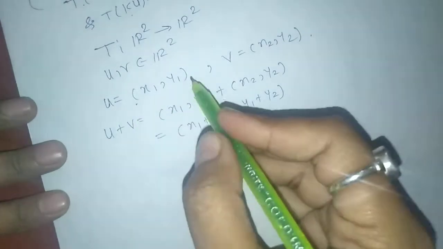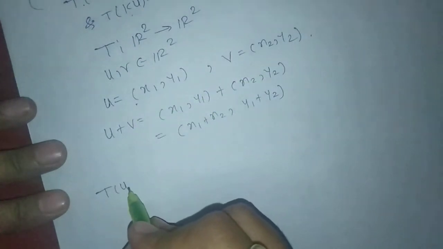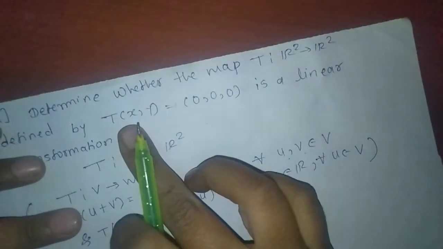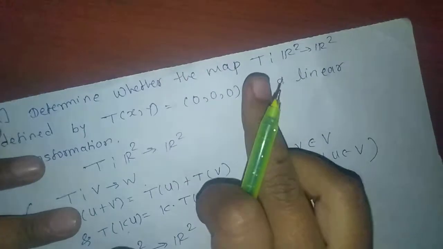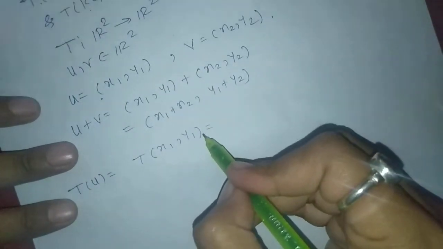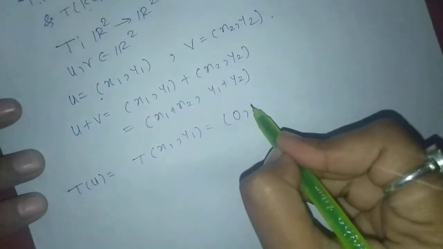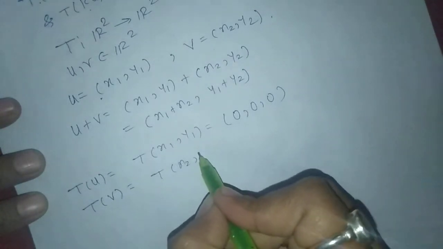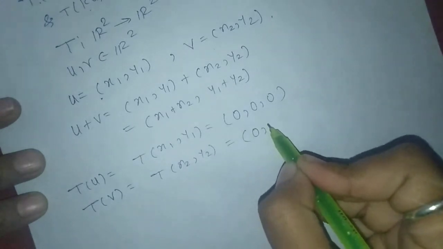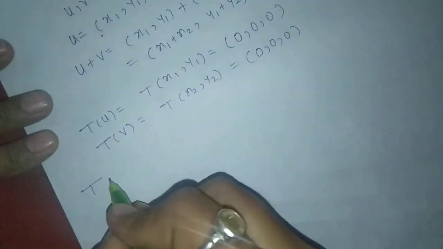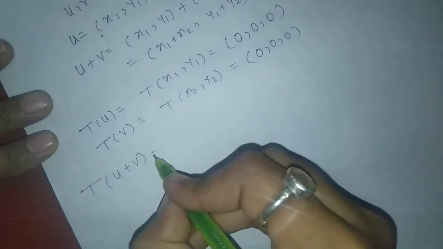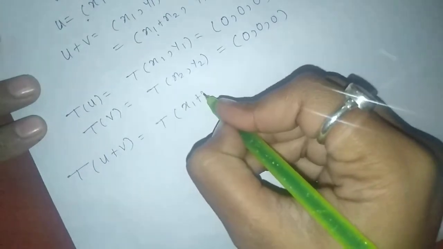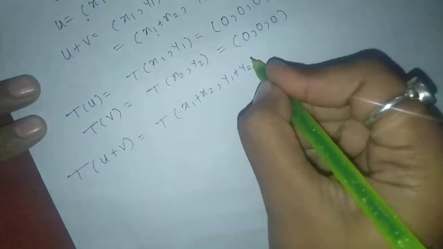Now here U, V belong to R2, means T of U equal to T of x1 y1 equal to 0, 0, 0 by definition of T, and T of V equal to T of x2 y2 which is also 0, 0, 0. Now find T of U plus V equal to T of x1 plus x2, y1 plus y2.